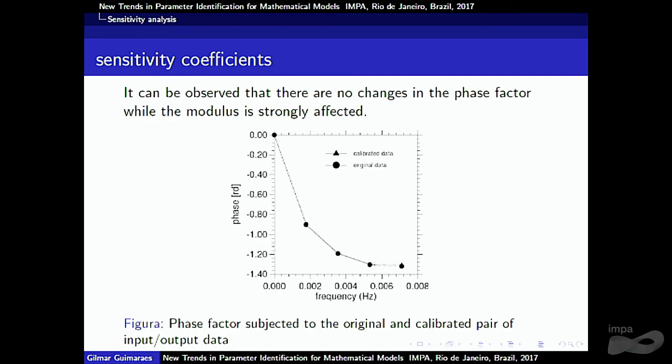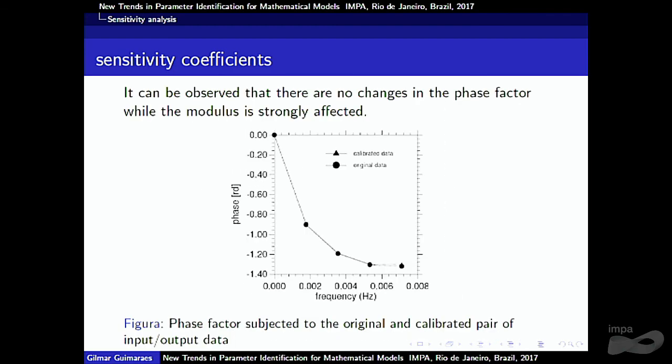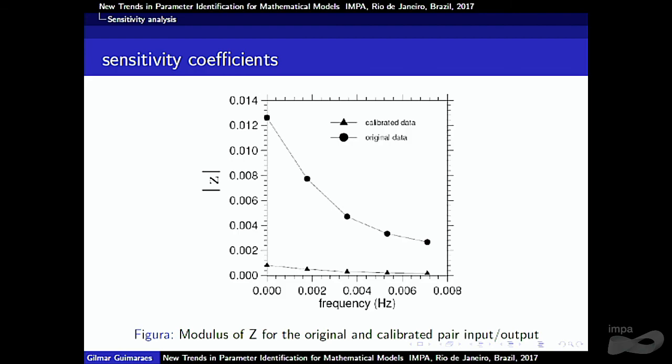So you can work with original data or calibrated data, because the phase doesn't change. So it's another advantage of this technique. This only happens in the phase factor. If you are working with the modulus, it's so different. Okay.